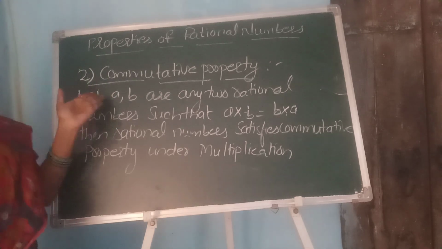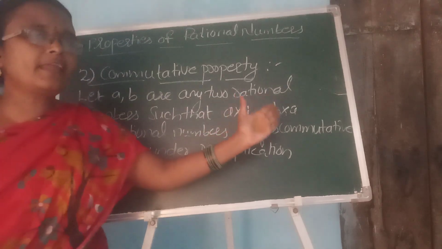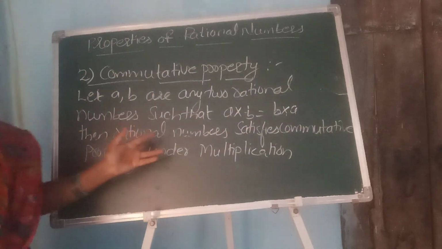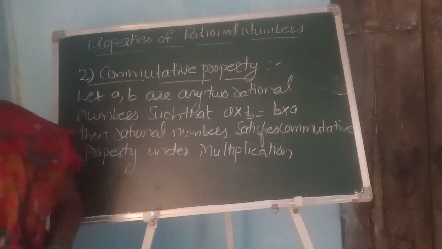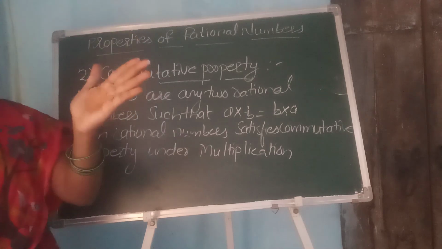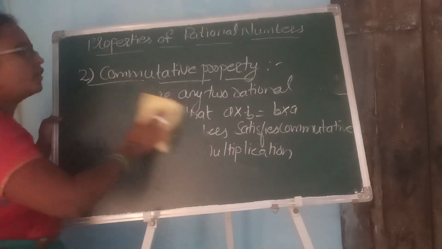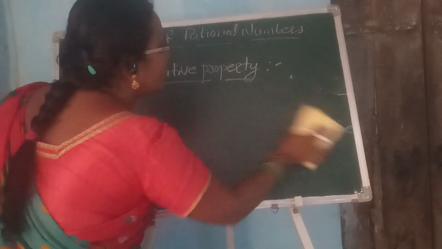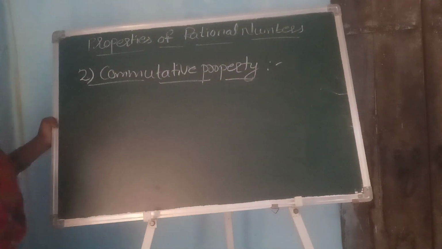Let a comma b be any two rational numbers such that a into b is equal to b into a, then rational numbers satisfy commutative property under multiplication. Now we are going to look at examples regarding the commutative property under addition and multiplication, children. I hope you are noting down all these points to make the definitions perfect.